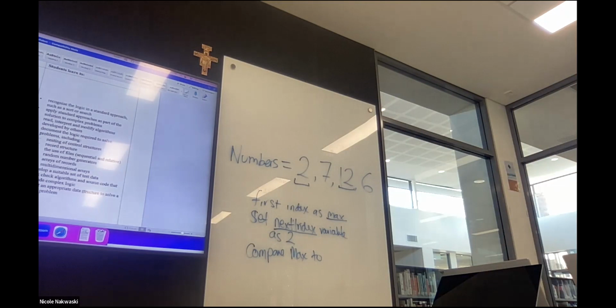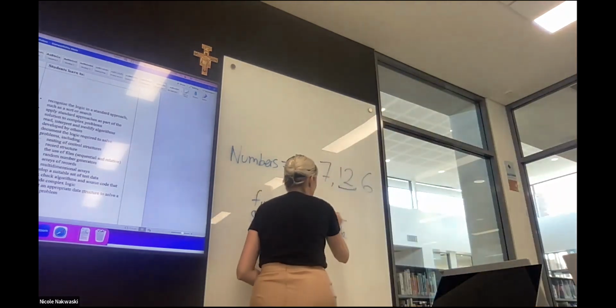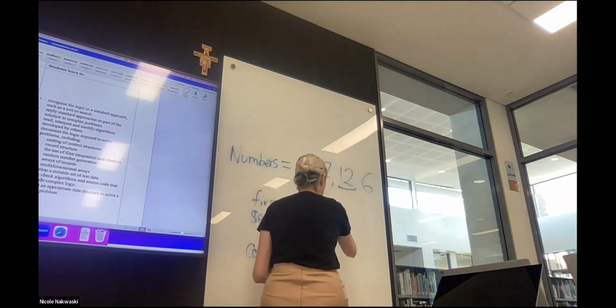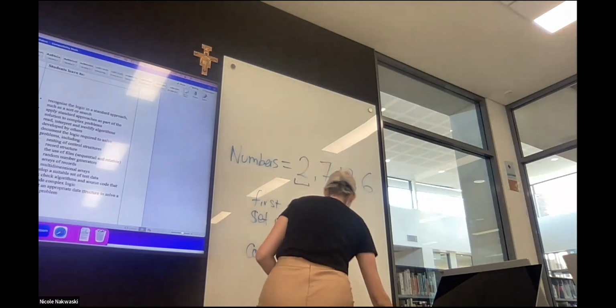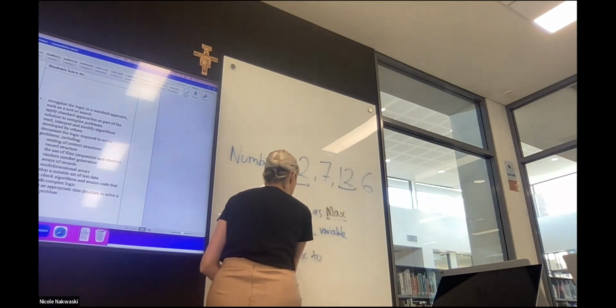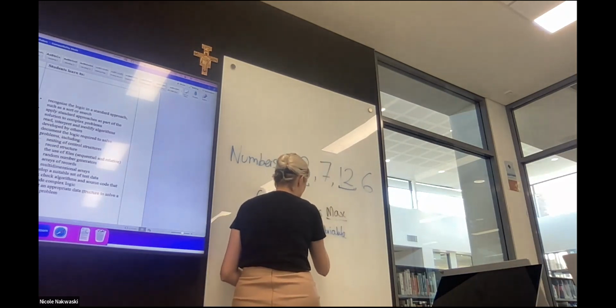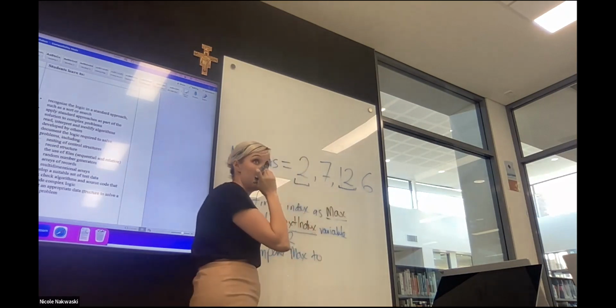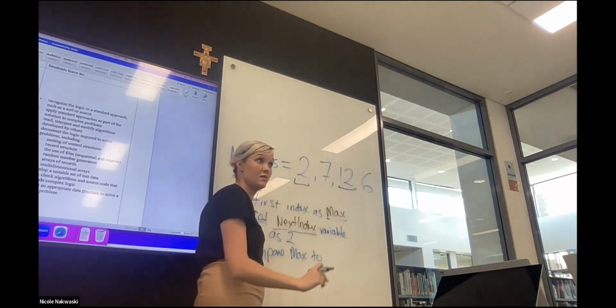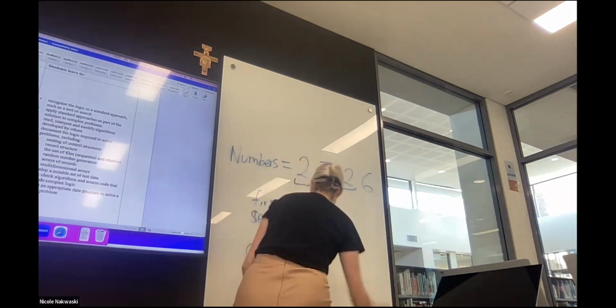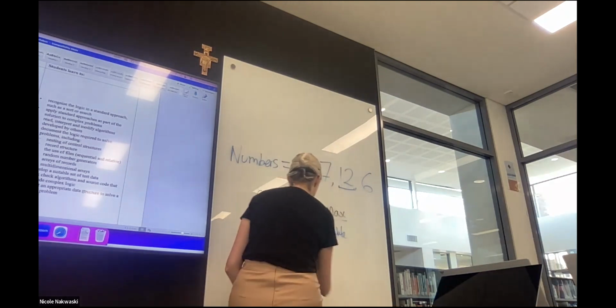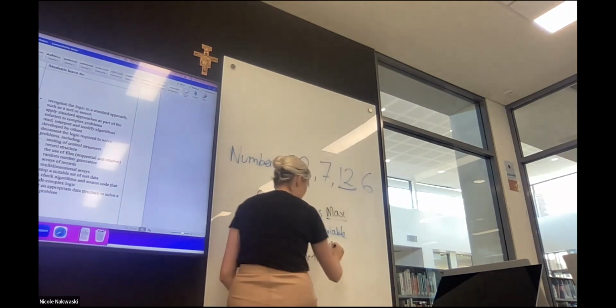All right, any variable is black. Max. Cool. Next index. Okay, again, I write my variables in capitals, no spaces. Yeah, makes it clear.